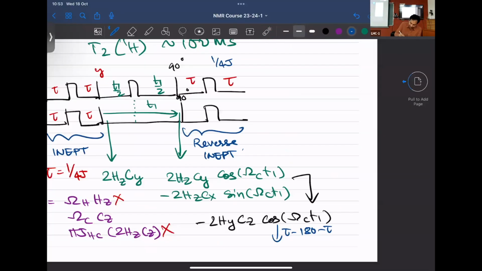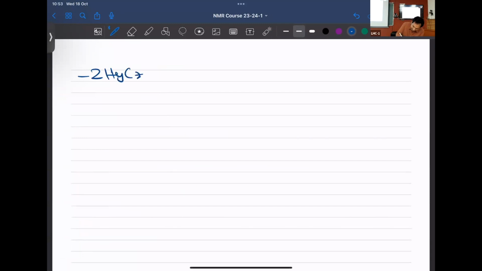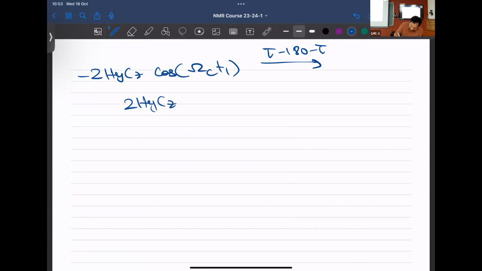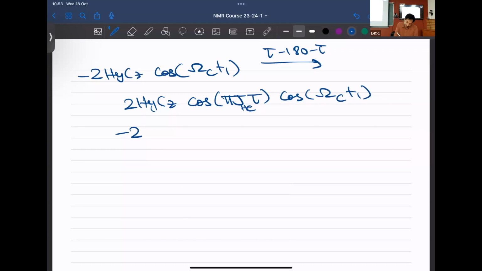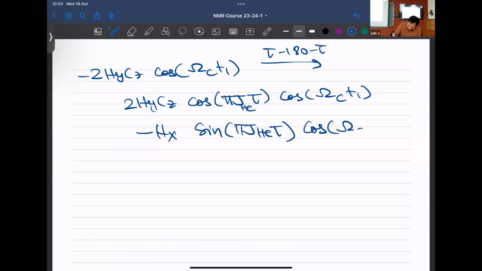So let me write it on the next page. Minus 2HyCz cos omega C T1, with a tau 180 tau, will result in 2HyCz cos(pi J_HC tau) cos omega C T1, minus 2HxCz sin(pi J_HC tau) cos omega C T1.